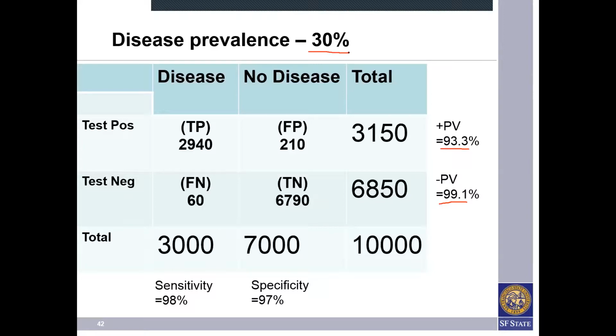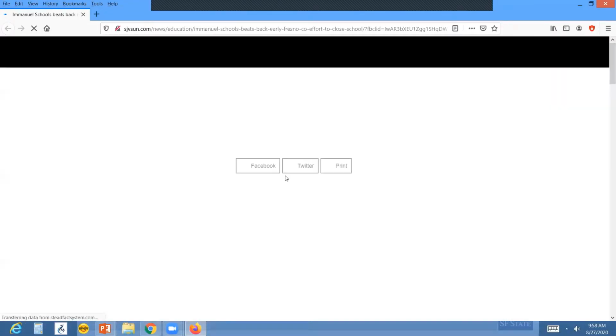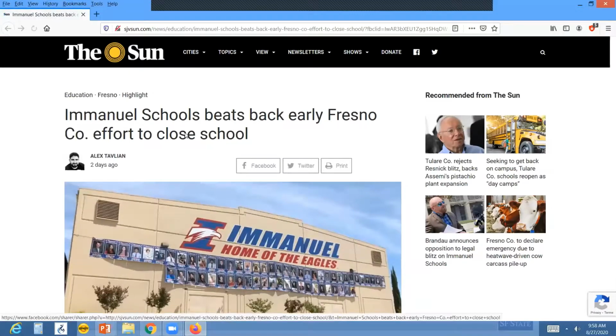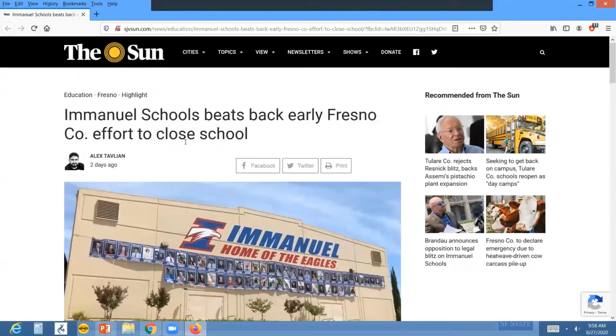What's interesting is a friend of mine was sharing this a couple days ago. I've got a lot of friends over in Fresno, and there is a small Fresno school, I think it's a private school, that seems to be our first example that had a major COVID outbreak back in the spring, back in February.